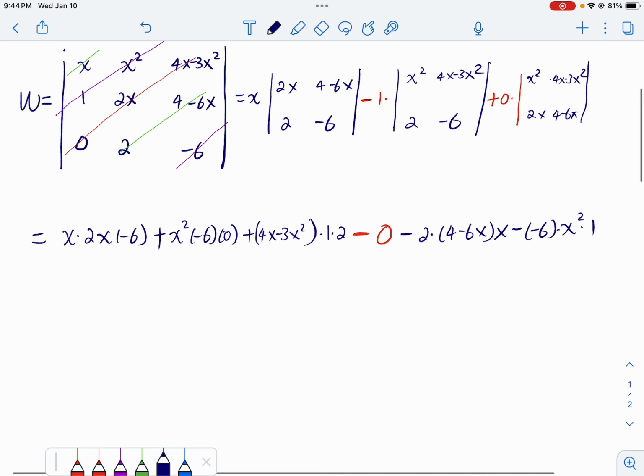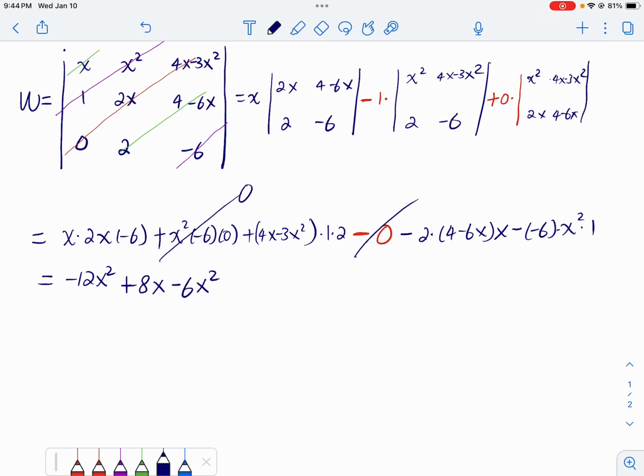Now, time for us to do the simplification. The first one, we get negative 12x squared. The second will be 0. The next one will be plus 8x minus 6x squared. And this is 0. The next one will be minus 8x plus 12x squared.